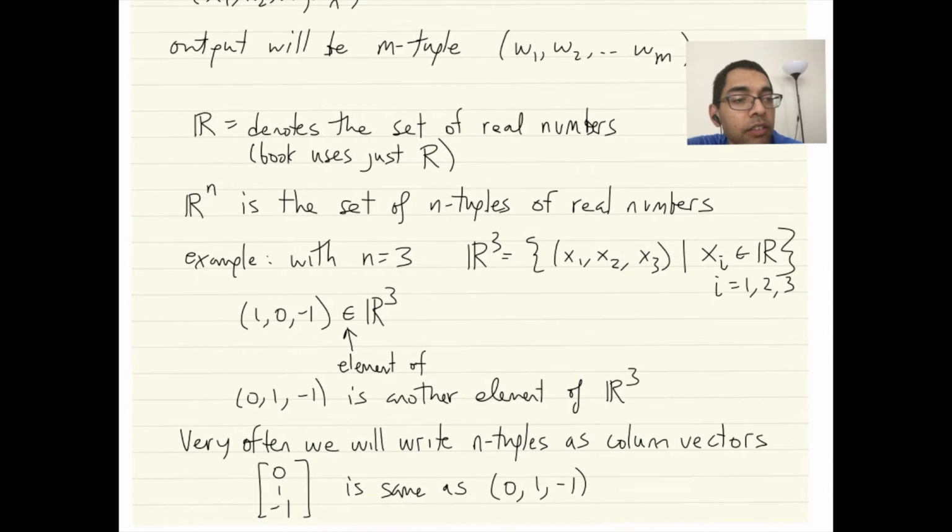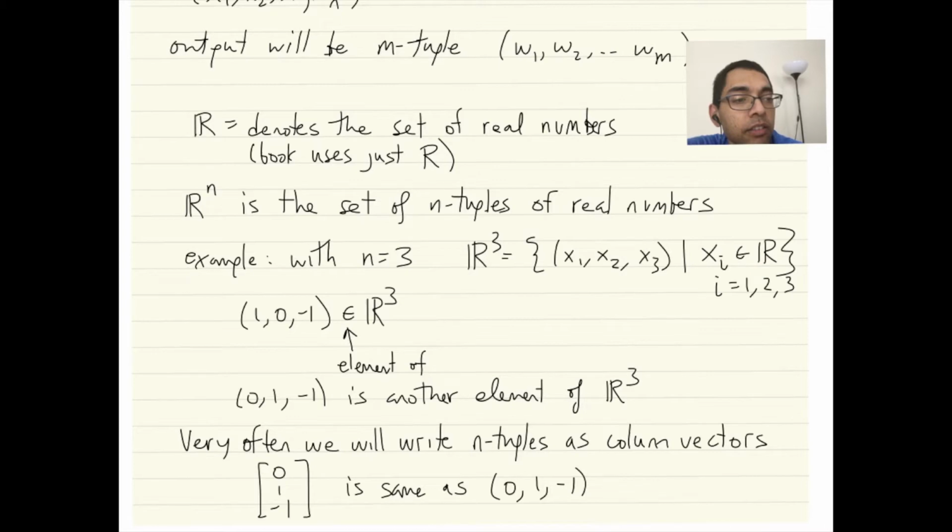So for example, R cubed, or R to the third power, is x1, x2, x3, the tuples of three numbers, a list of three numbers, where each number is a real number, is an element of R.